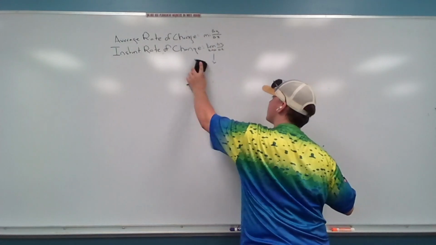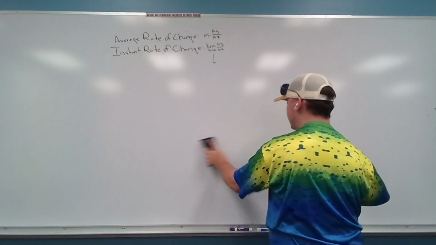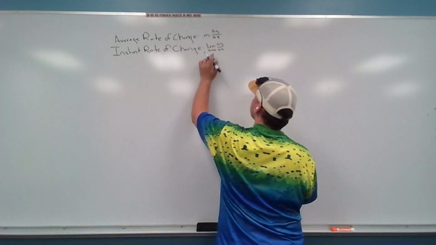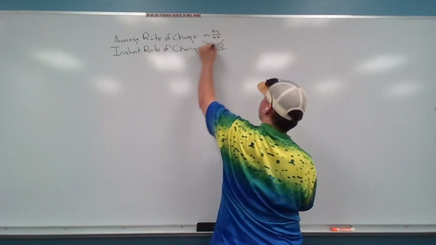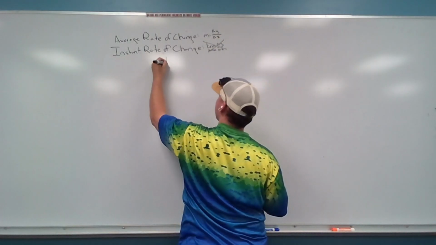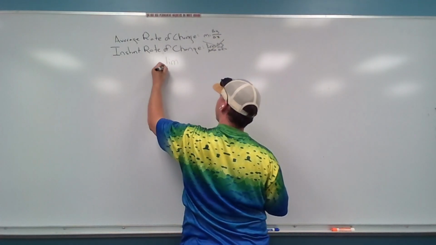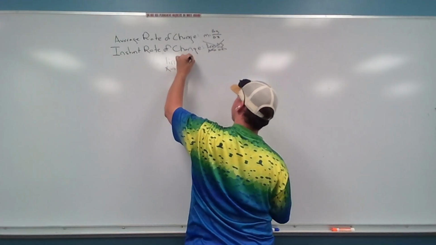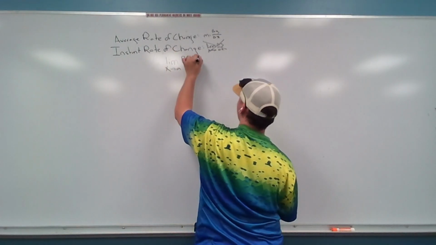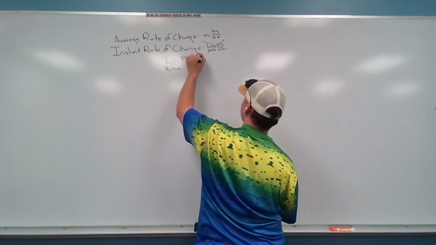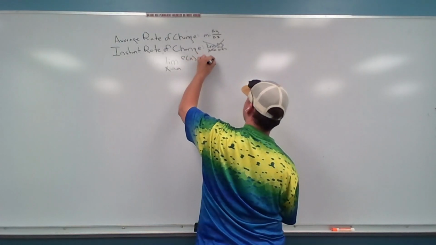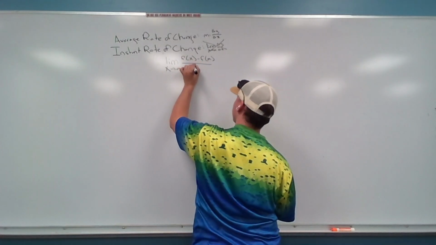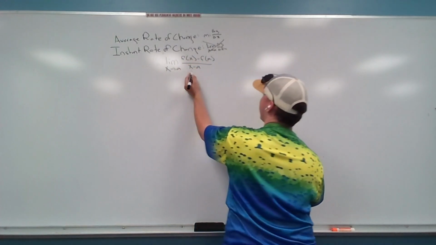I'm going to erase all this. Formula, definition, I mean, they're interchangeable, I guess. Cross this out, and we're going to write the limit as x approaches a of f of x, or the y2, minus f of a, y1, over x2 minus x1, or x minus a.